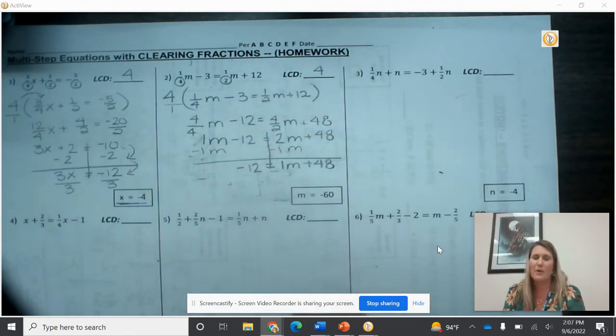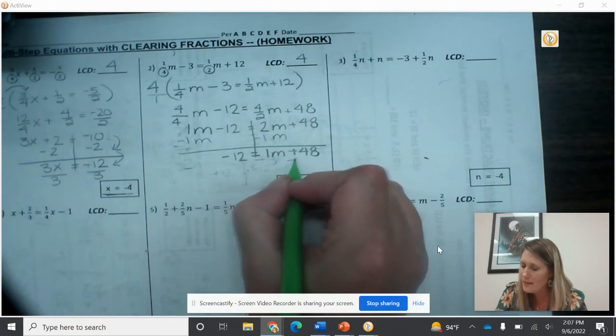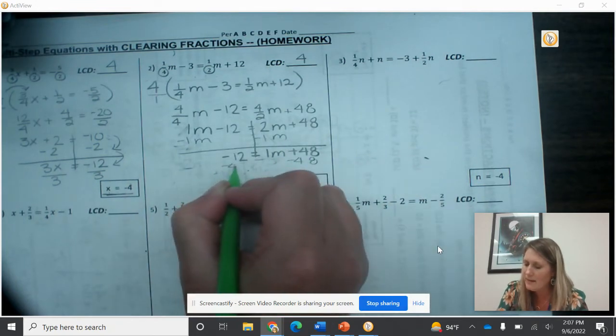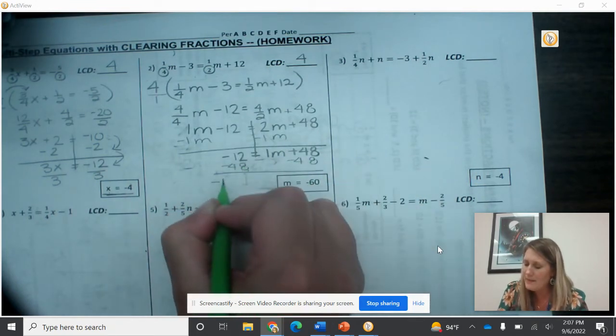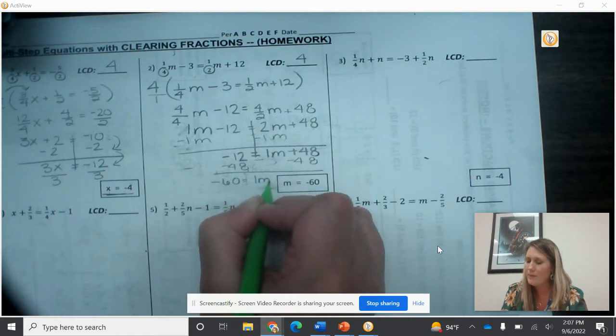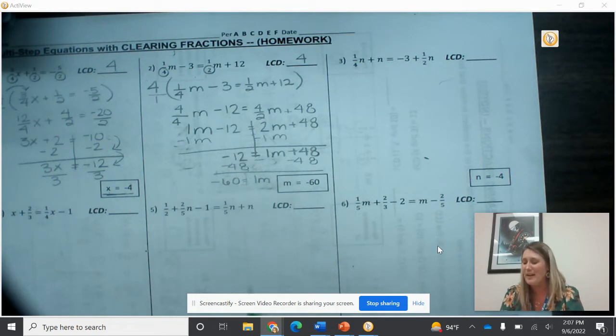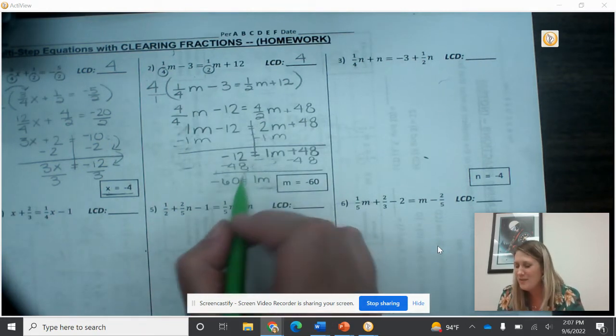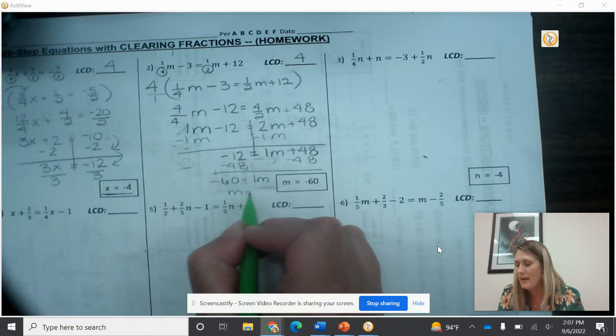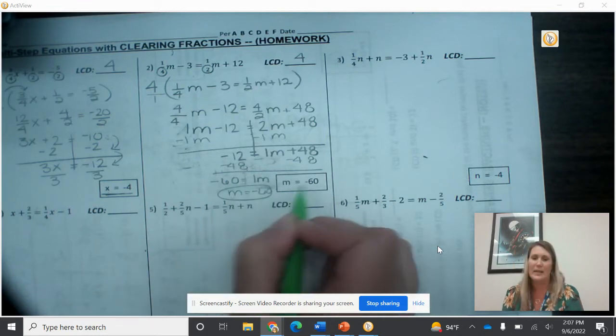And I still have that 48. Now I'm going to subtract 48 from both sides. And I am left with negative 60 equals 1m. Well, I can divide both sides by 1, but we know when we divide by 1 that it doesn't change that value. So I'm just going to rewrite my solution as m equals negative 60.